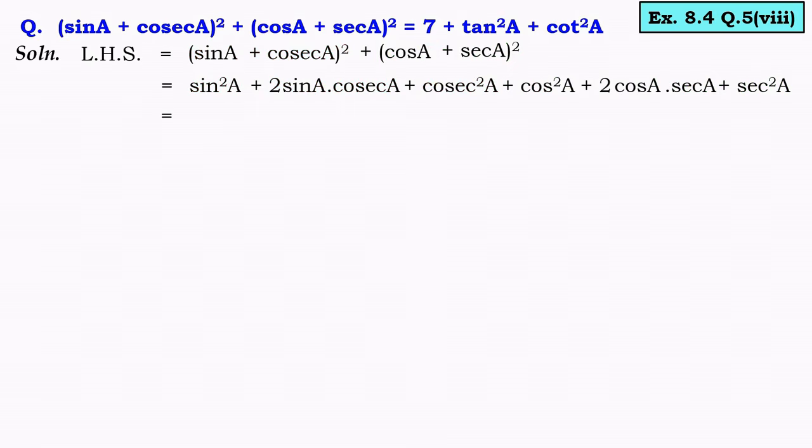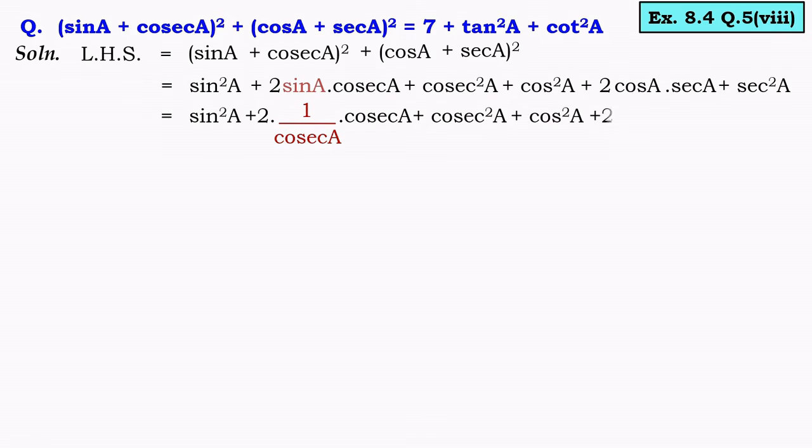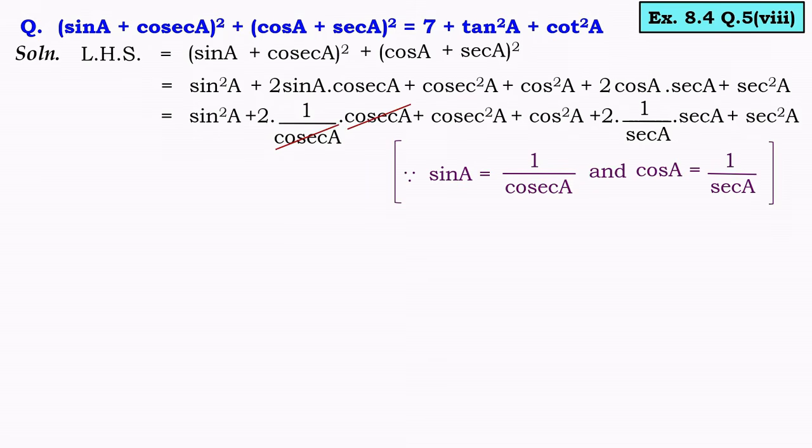Now substitute. sin A is equal to 1 upon cosec A and cos A is equal to 1 upon sec A. After simplification, the expression becomes sin²A + 2 + cosec²A + cos²A + 2 + sec²A. Rearrange the terms.